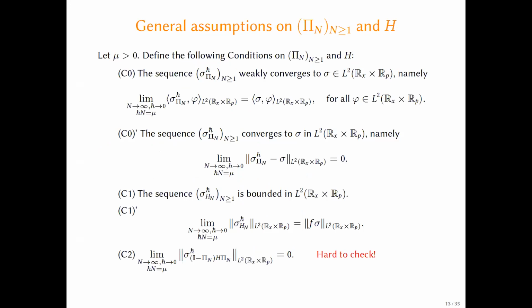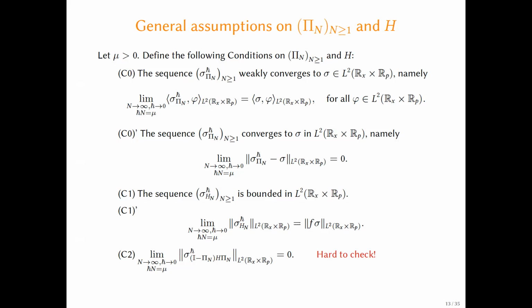Okay, so first of all, let me give you some possible assumptions that we can make on the projection and on the Hamiltonian in order to guarantee that all these approximations hold. So fix mu larger than 0, and I state several assumptions that we may ask on these two objects, the projection and the Hamiltonian. Condition C0 is that the sequence of the Weyl symbol of the projection weakly converges to something.